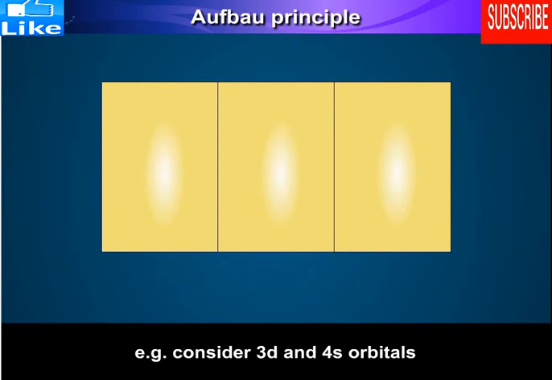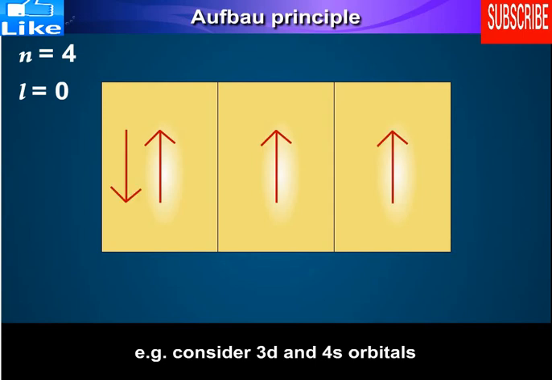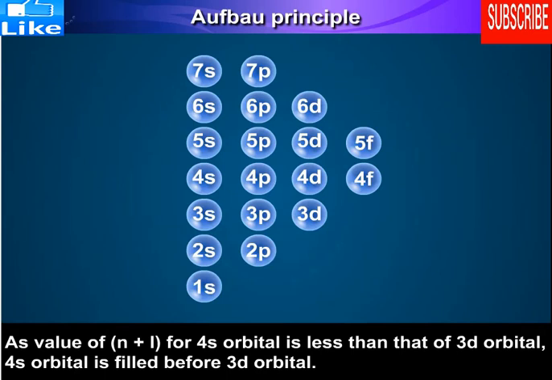For 4s, n is equal to 4 and l is equal to 0. Hence, n plus l is equal to 4 plus 0 is equal to 4. As the value of n plus l for the 4s orbital is less than that of the 3d orbital, the 4s orbital is filled before the 3d orbital.